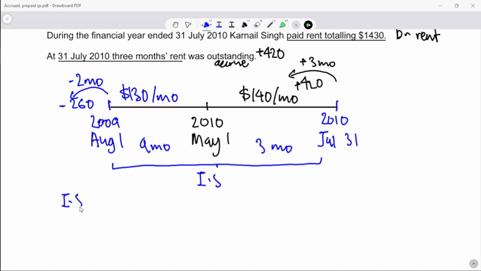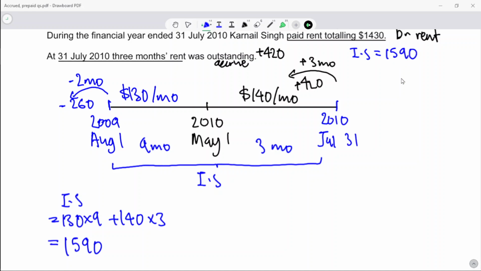So the income statement will be 140 times 3, so 1590. So I also record it. Better record it.